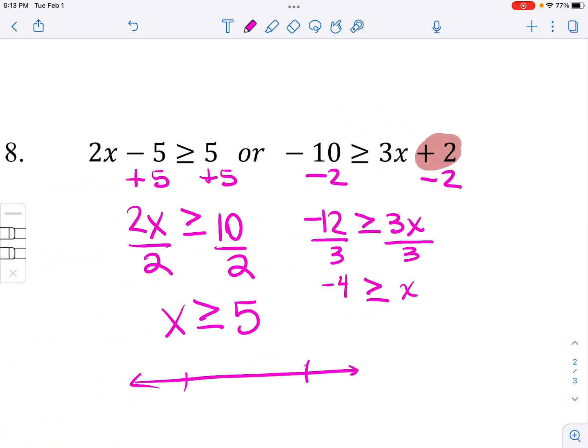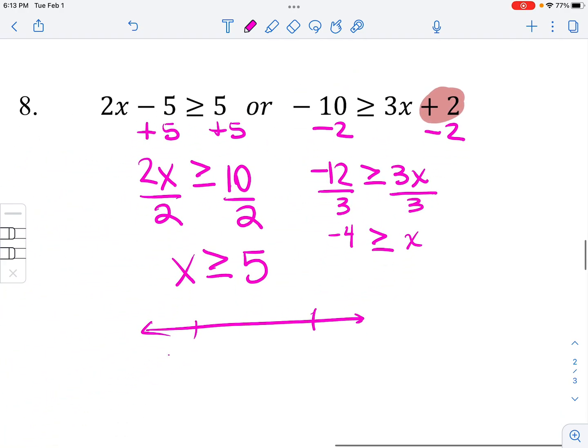And now I'm going to put those numbers on the number line. So see, negative 4 is over here. I'm glad I didn't plot that earlier. 5 is here. Both have open dots because the symbols have that line underneath. And this is saying x's are bigger than 5. Those numbers are over here. This says negative 4 is bigger than your number.